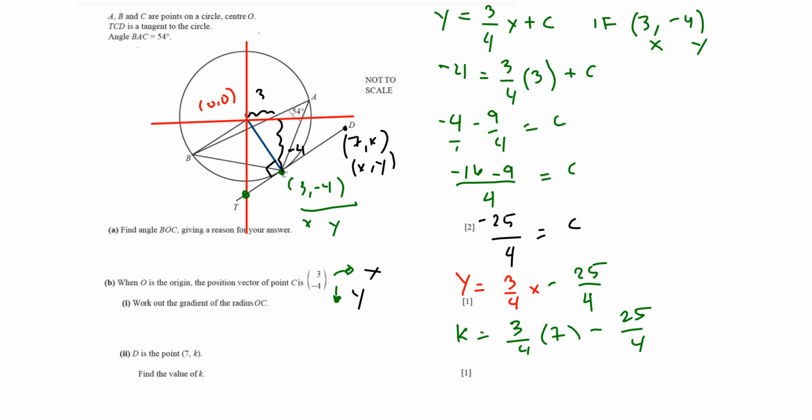We will have k equals 21/4 minus 25/4, so k equals -1. That means the coordinate here is (7, -1), which makes sense because this is in the negative area, in quadrant number 4. Okay, so thank you so much.